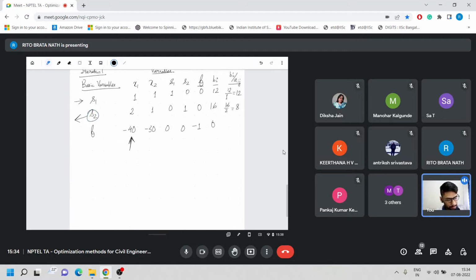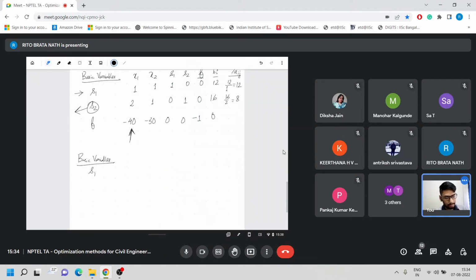So my next step would be, below S1, what should I write here now? What should be here? The other basic variable that I have to write below S1.